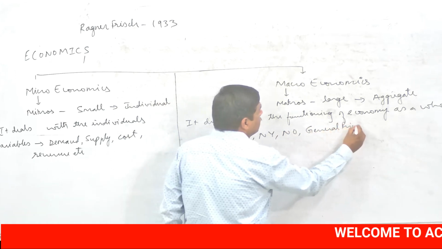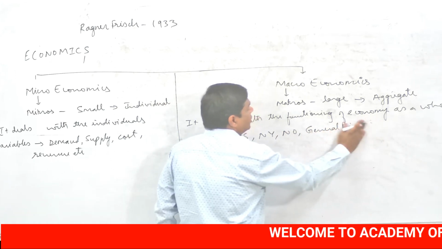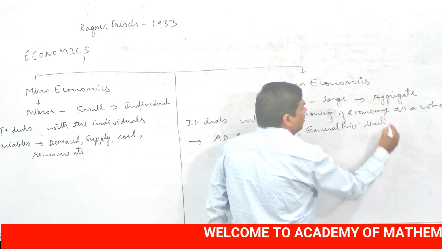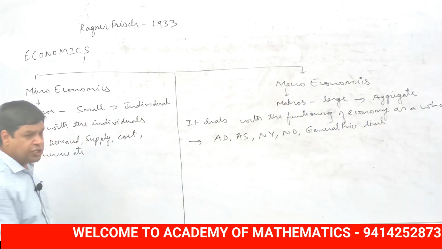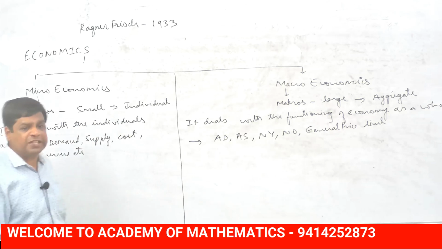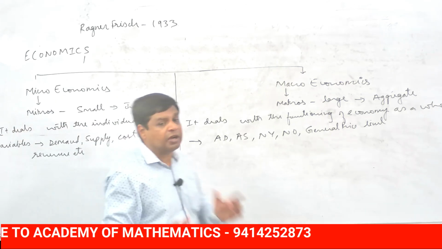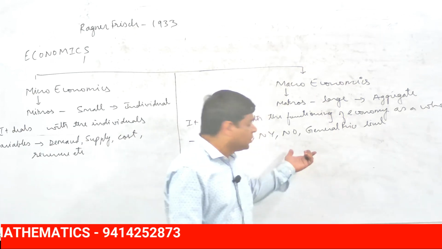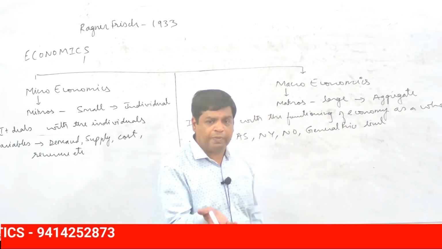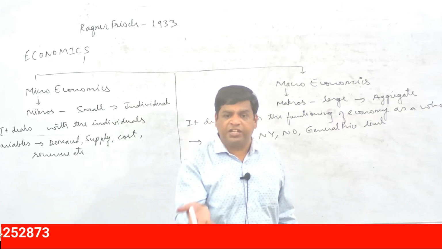See, the simple price concept is a microeconomic concern. But if I take the general price level, it is the area of concern of macroeconomics. General price level means the prices which are prevailing at the country level. If the general price level is increasing, it is inflation.